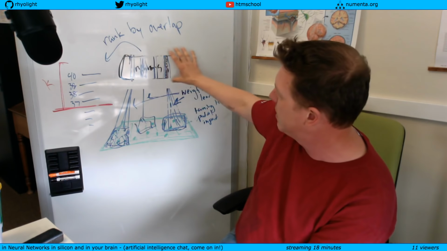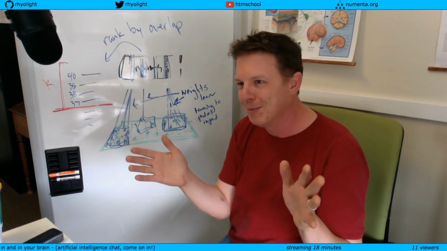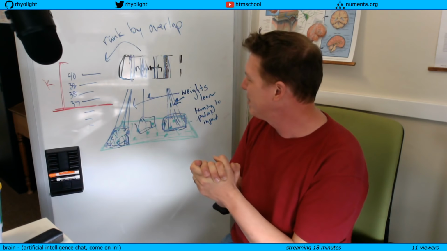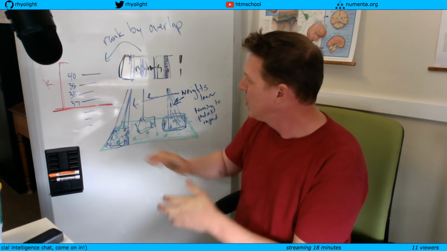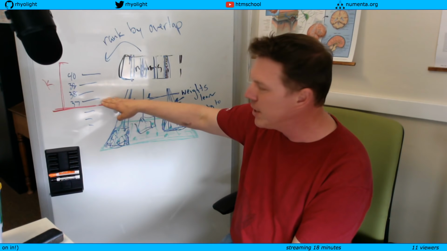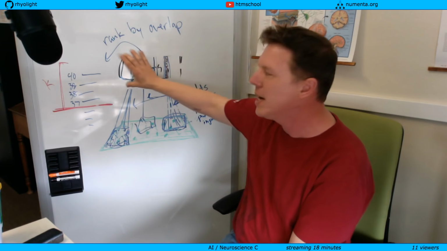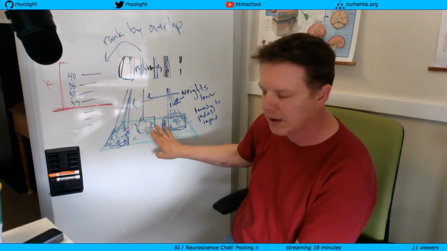Once we can represent them differently, I forgot to explain boosting. I'm still trying to explain boosting. So I explained the K winners and the local inhibition, the competition that occurs to decide which winner mini columns are going to represent this data down here.